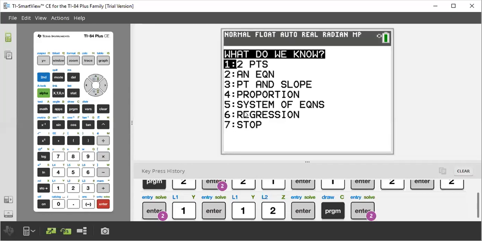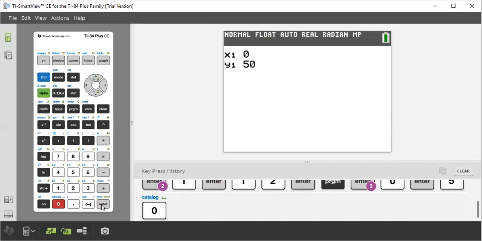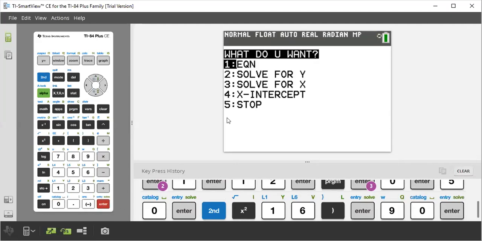The first one was for 0 minutes, we pay the $50 service flying charge. And for the square root of 16 minutes, we paid $90, right?